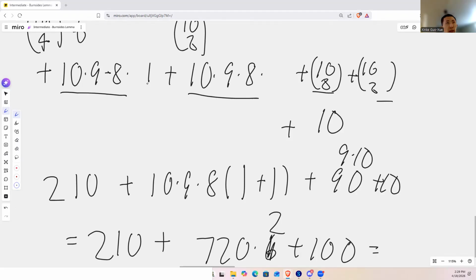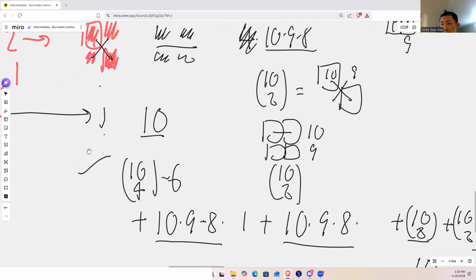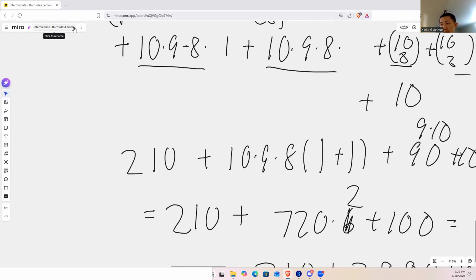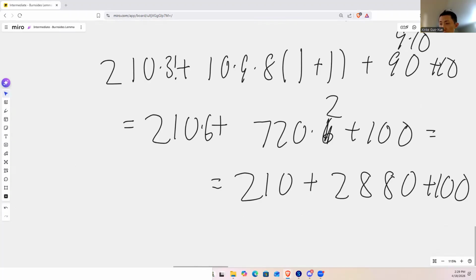Okay, so we got 2530 for this earlier. Oh, this is times 3 factorial. Yeah, so I forgot that.